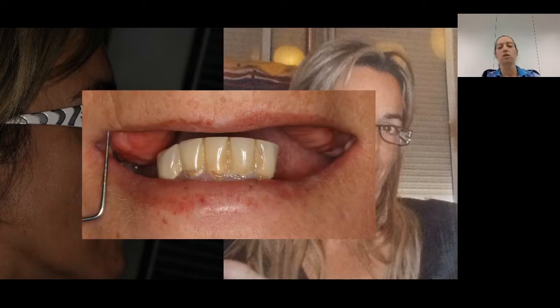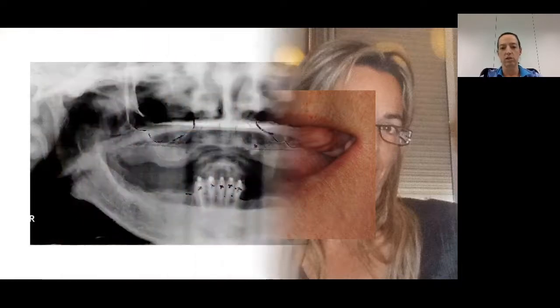She was in her early 40s, and she had no teeth in the upper jaw, as you can see. She had just some crowns in the lower jaw. And basically, this patient was already considered an edentulous patient.